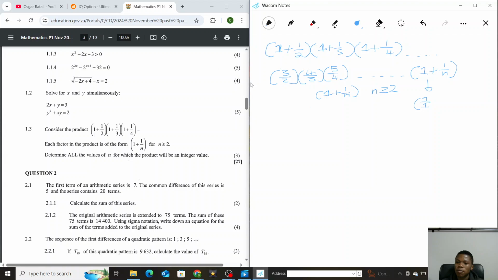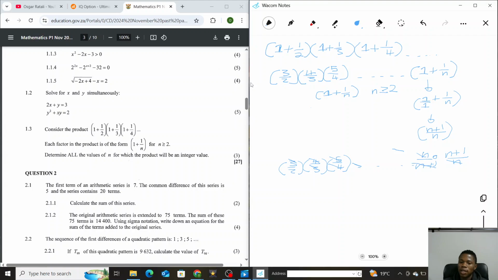Therefore, that n minus 1 will cancel this n minus 1, and you will only be left with n plus 1 as your numerator, and 2 as your denominator. So this is the product.